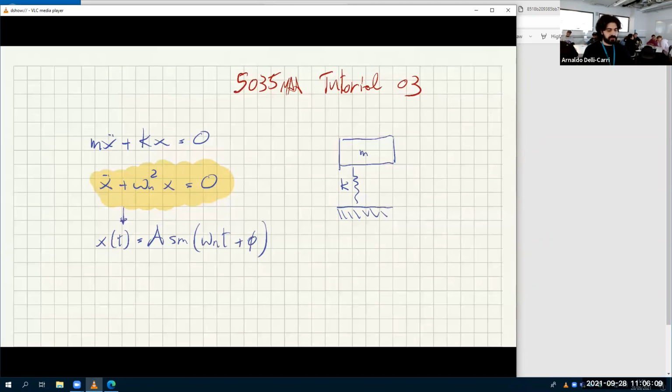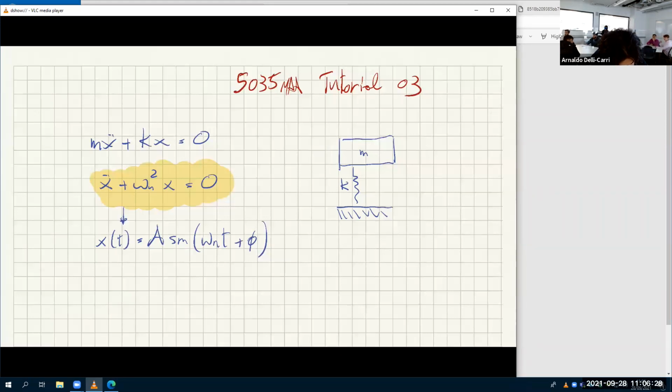So if I pull this mass up, say 3 centimeters, and I release it, this will oscillate with an amplitude of 3 centimeters. So it depends on the initial condition. If I pull this up 1 meter, then it will oscillate with 1 meter amplitude. That's very easy. All right.